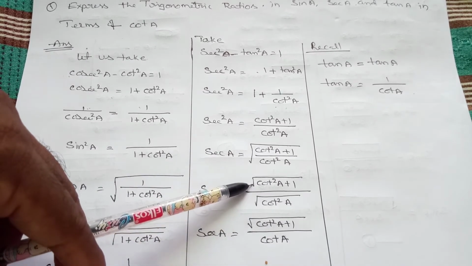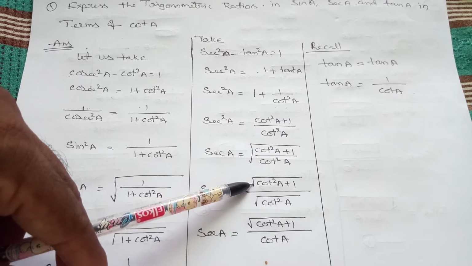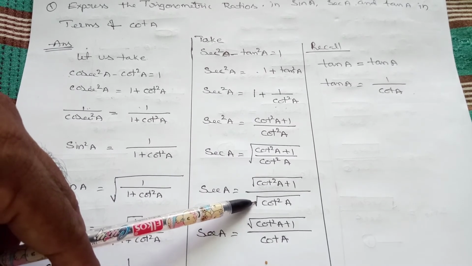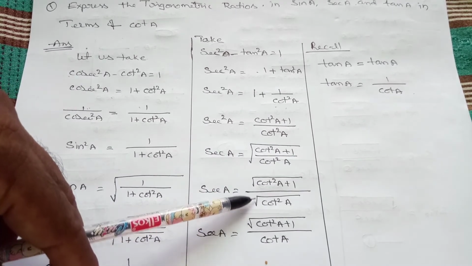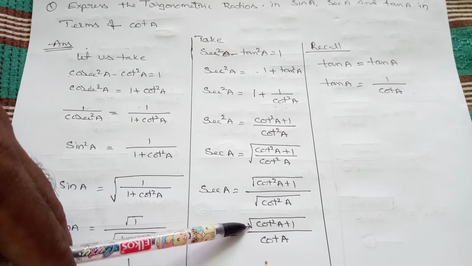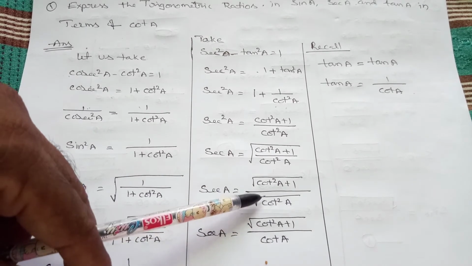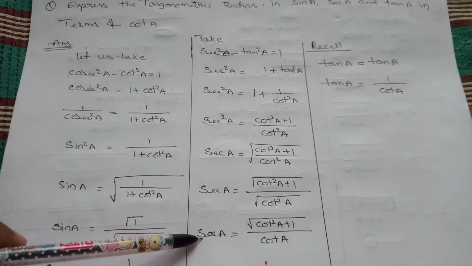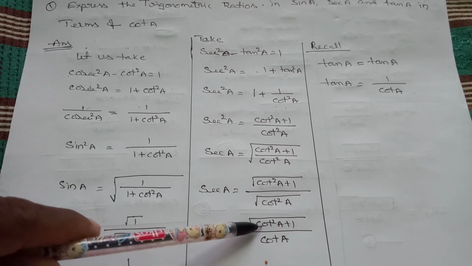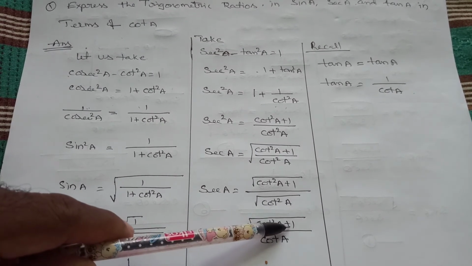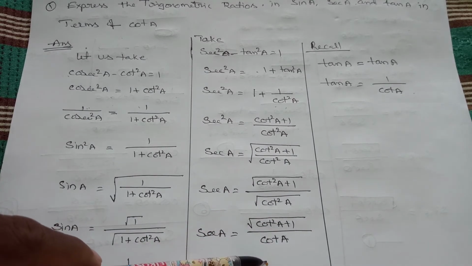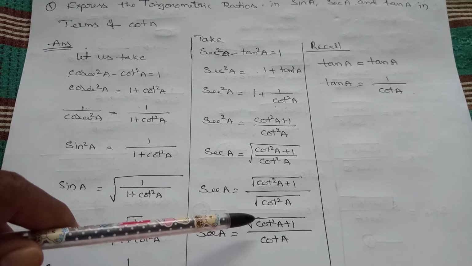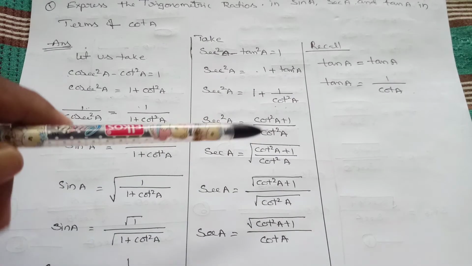But we have to apply the root to the numerator and denominator: root of cot square A plus 1 by root of cot square A. In the denominator the square and root will cancel, leaving only cot A. Now you see secant A is completely in cot ratio with one number there, but no other ratio is here on the RHS.